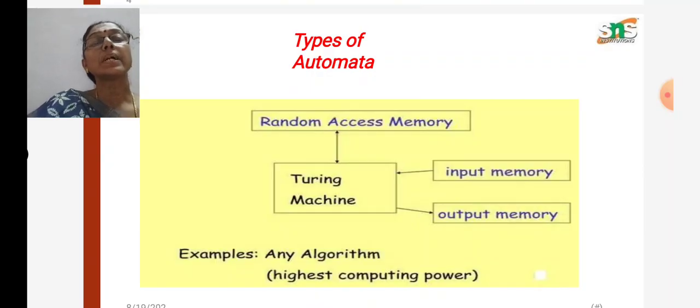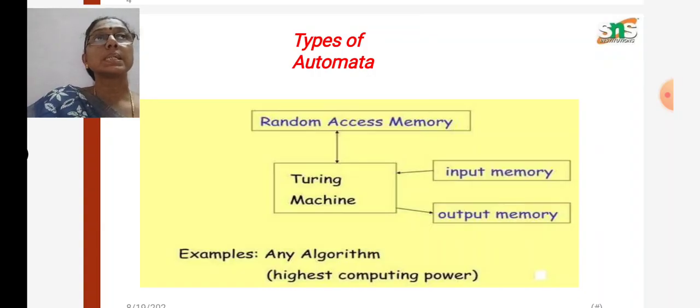Next is the Turing machine. In terms of memory, the Turing machine requires more memory compared with the push-down and finite automata, so for the Turing machine we require random access memory. The highest computing power applications use this type of automata, like the Turing machine.